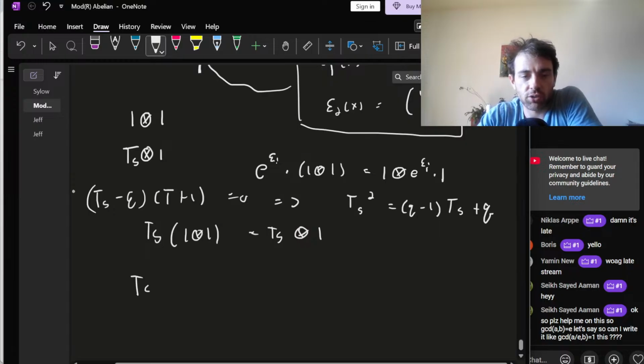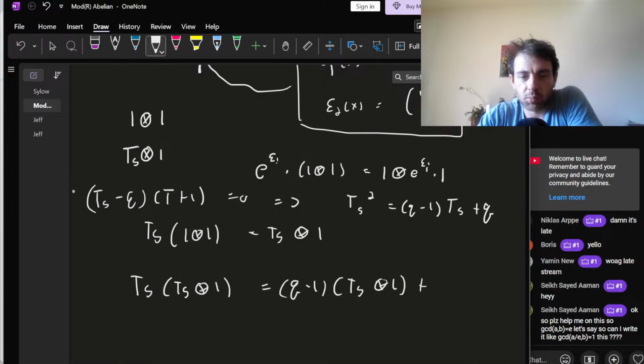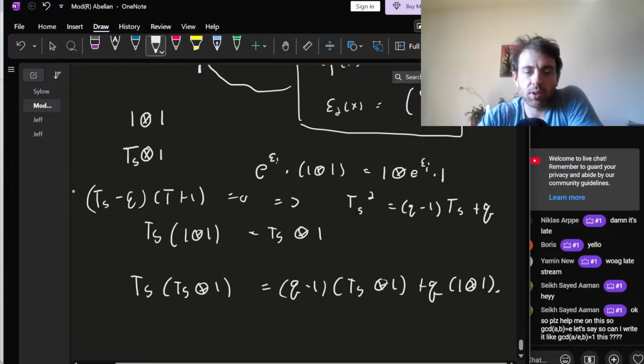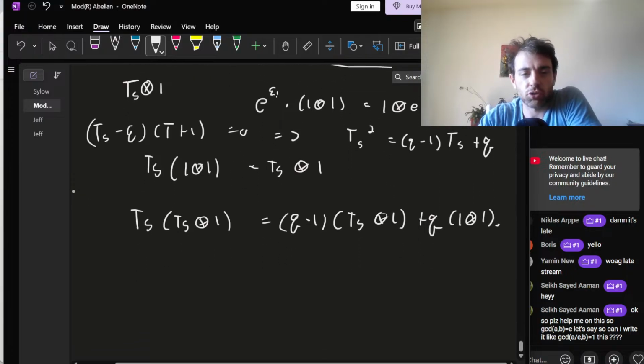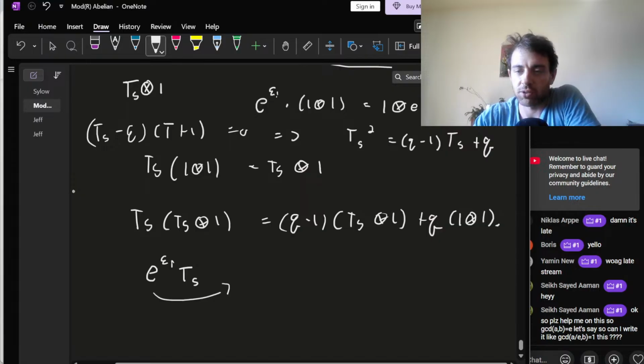So that tells you exactly how T_s multiplies this other basis element in the module: (q minus 1) T_s tensor 1 plus q, 1 tensor 1. And then finally, to totally determine the module, the multiplication's not commutative, but there is a rule that tells you how to push this over to the other side. So the multiplication is completely determined.